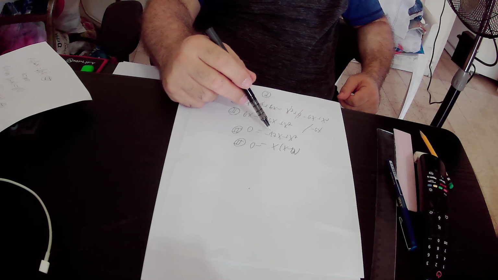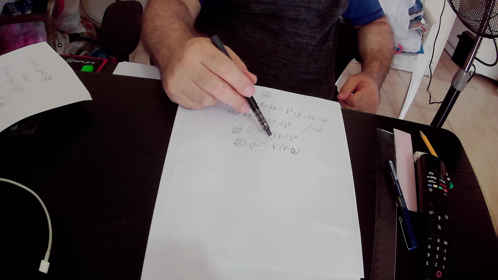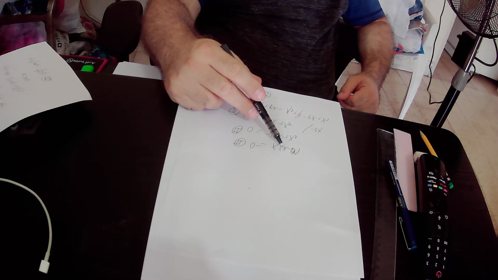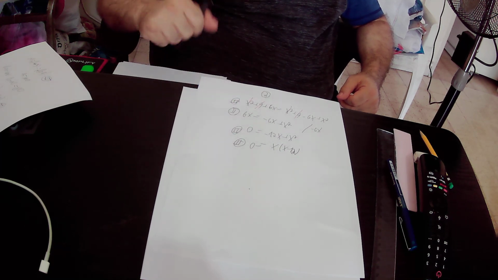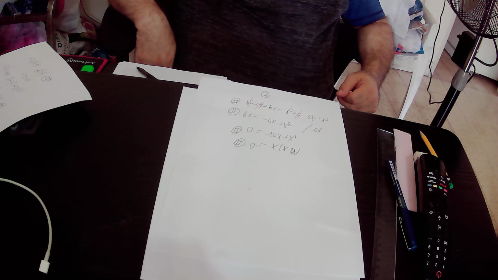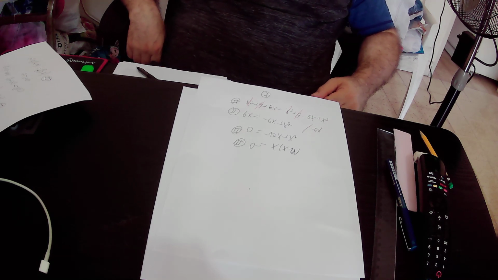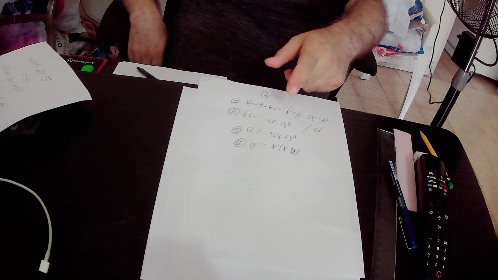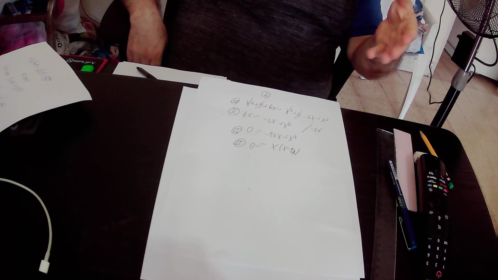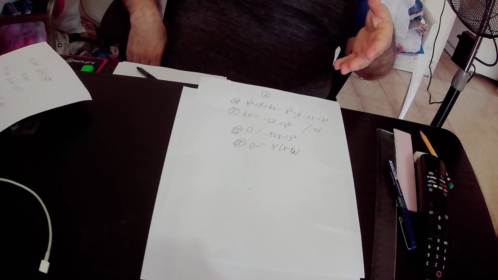So in total we got x, and inside the brackets we have x minus 12. So for this equation we have two solutions: x could be equal to 0, or x minus 12 equals 0.